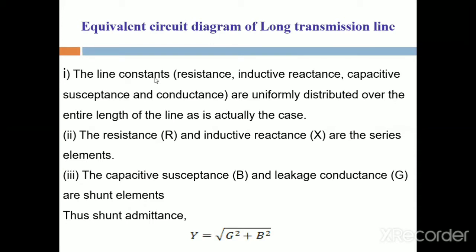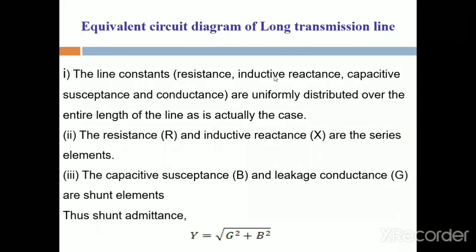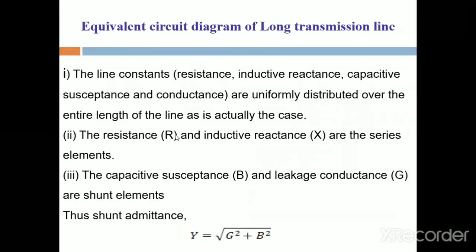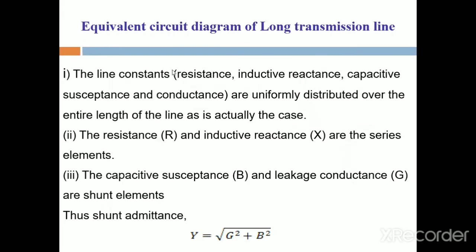Okay, the line constants are the resistance, that means R, the inductive reactance, that means X, the capacitive susceptance, that means B, and the conductance, that is G. The line constants, that is resistance, inductive reactance, capacitive susceptance and conductance, are uniformly distributed over the entire length of the line, as is actually the case.